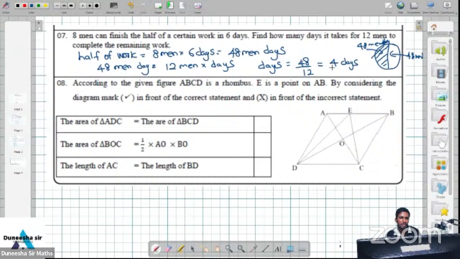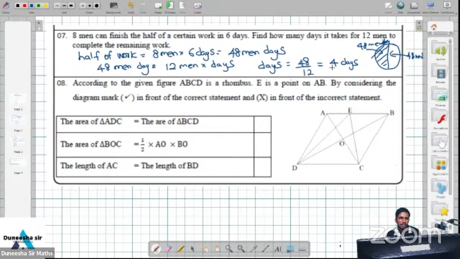8.1. According to the given figure, ABCD is a rhombus. E is a point on AB.